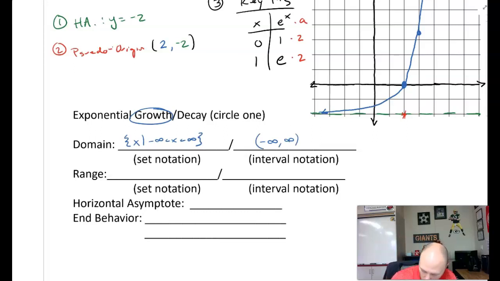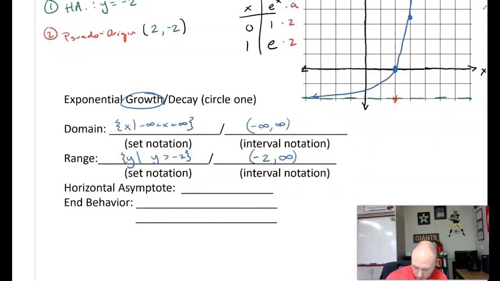Range, this is the y values. And in this instance, y is greater than negative 2. That is often tied again to your horizontal asymptote. We're at negative 2, and my function's growing, so that's y is greater than negative 2. And as an interval, that would be negative 2 to infinity.